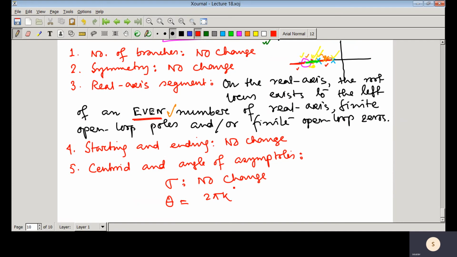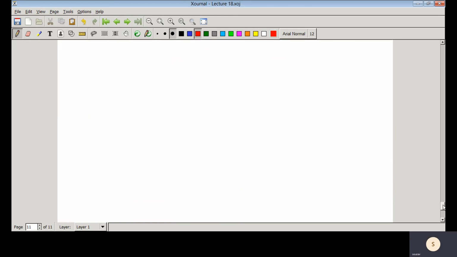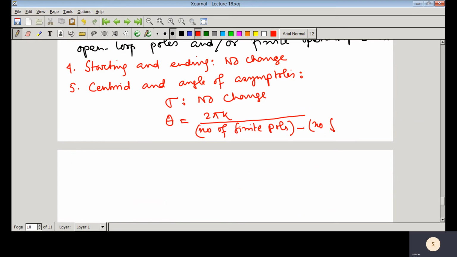So in place of 2k plus 1, it would be 2k, because in case of positive feedback that angle condition is changed, and here it is divided by number of finite poles minus number of finite zeros.